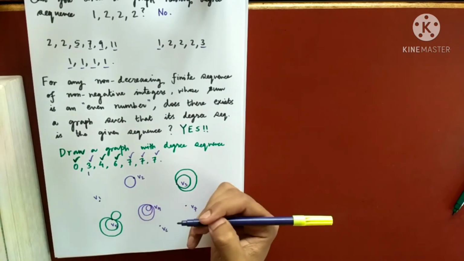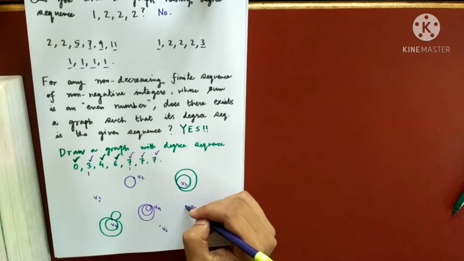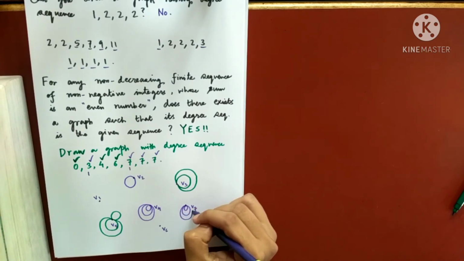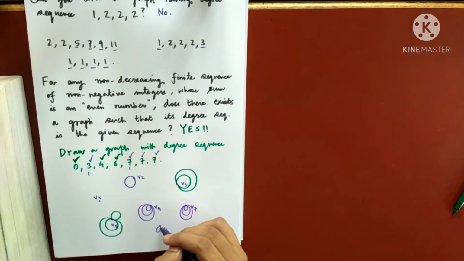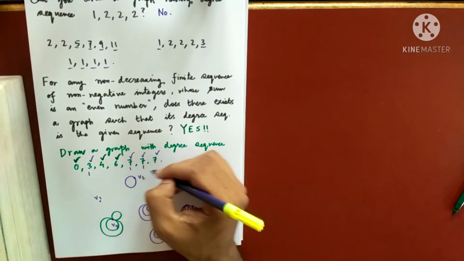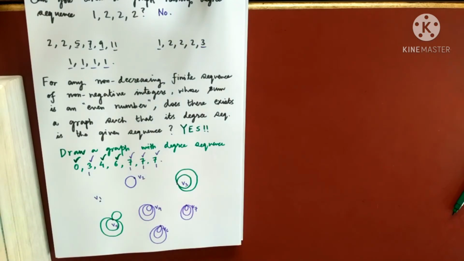That will make the degree 6. Again 1 is remaining here, so you draw the loops, 1, 2, and draw like this 3. So again 1 is remaining here.